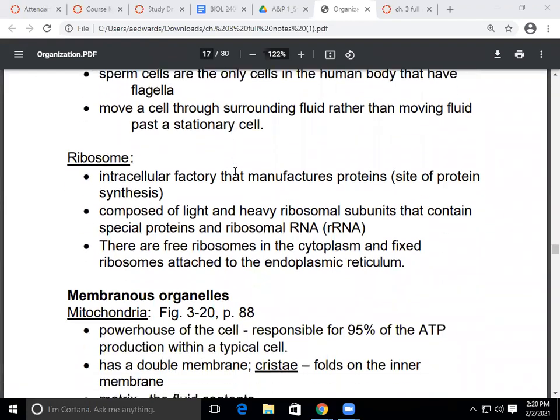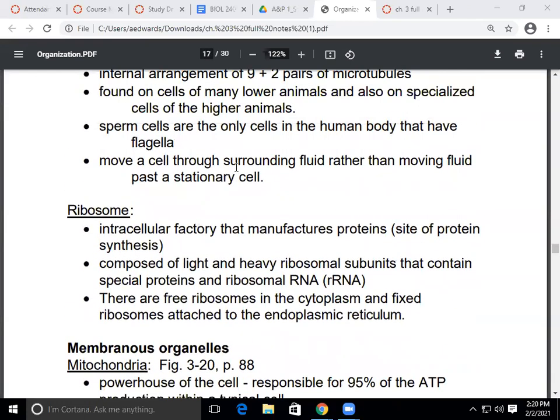All right. Then we have the ribosomes. These are sites of protein synthesis, composed of a heavy subunit and a light ribosomal subunit. Ribosomes are composed of ribosomal RNA, ribonucleic acid, and protein.